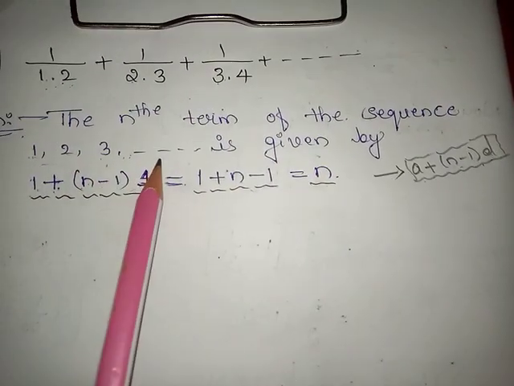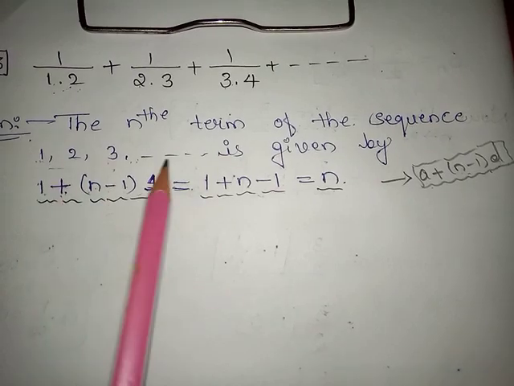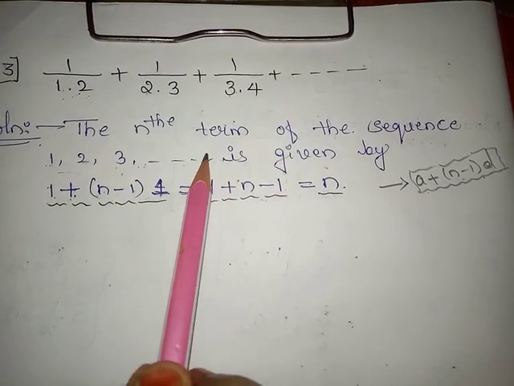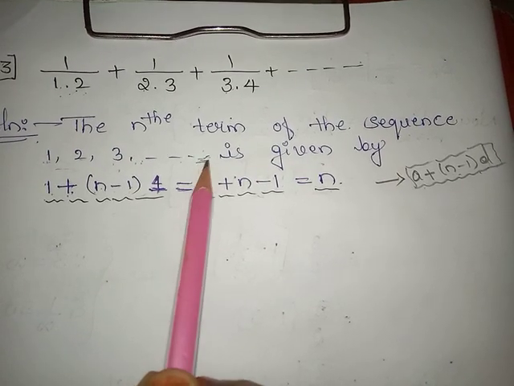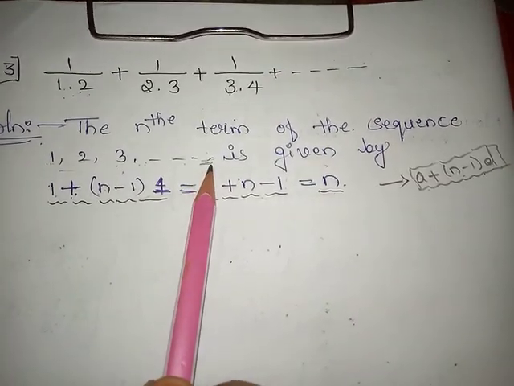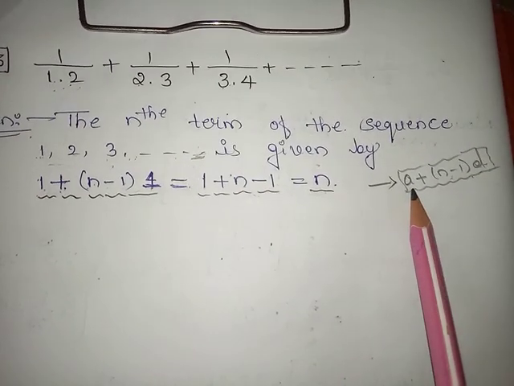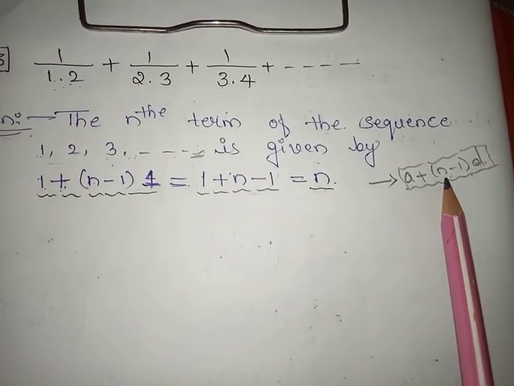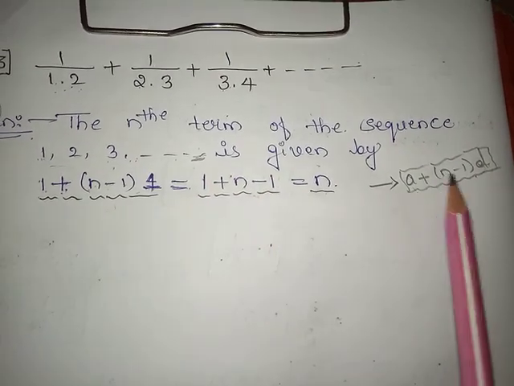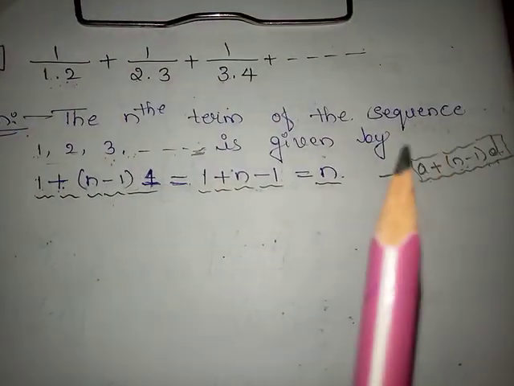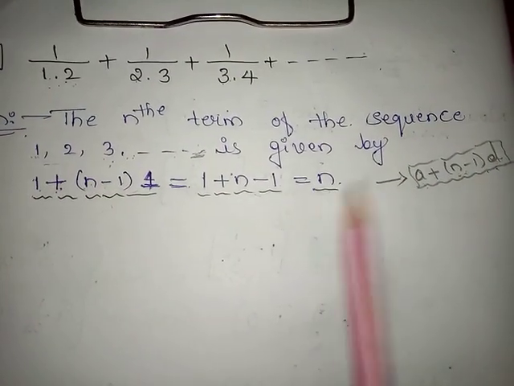On seeing this, we conclude that this is an arithmetic progression. To find the nth term, we have the formula a plus n minus 1 into d, where a is the first term, n is the number of terms and d is the common difference. Our common difference is 1 here, so it is n.